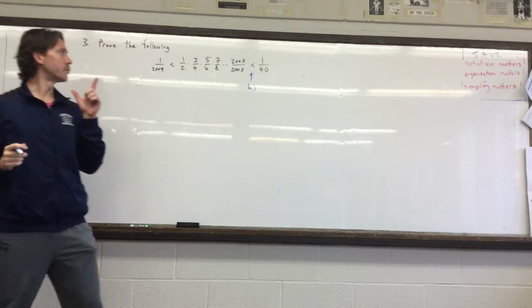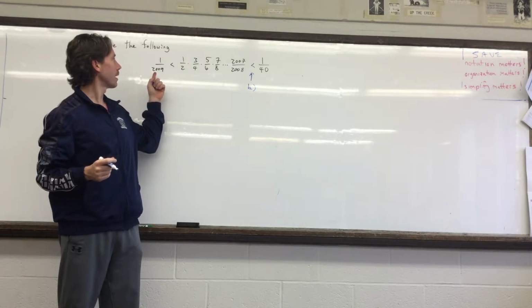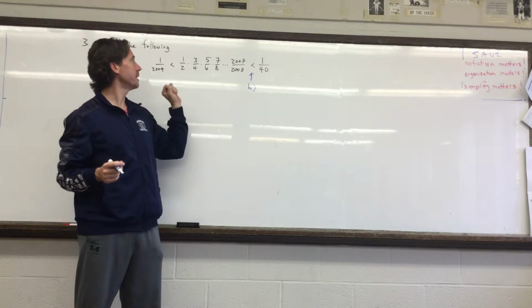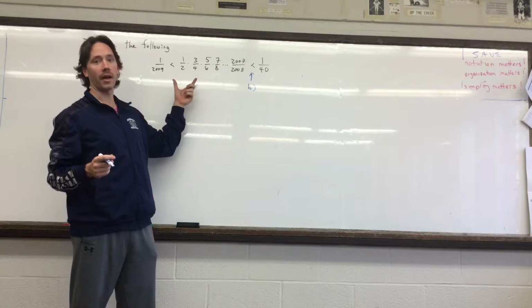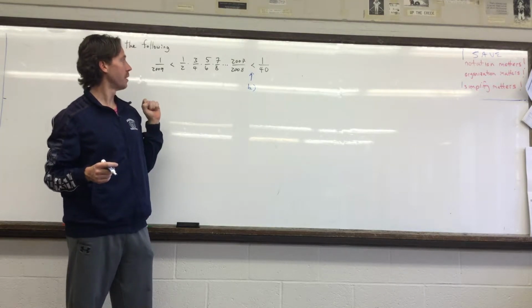Okay, so if you try to do the same trick that worked on the left-hand inequality, we would think about multiplying both sides by 40 and see if some kind of relatively simple arithmetic would do the trick for us.